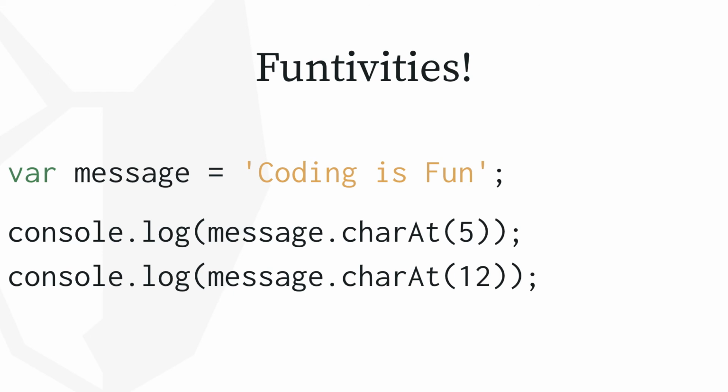The Funtivities for today are going to be these two. I want you to tell me, send me an email on my website or put it in the comments or shout it on the street, but tell me what's going on in these 3 lines of code. What's going to be logged when I say charAt index 5, and what's going to happen when I say charAt index 12.